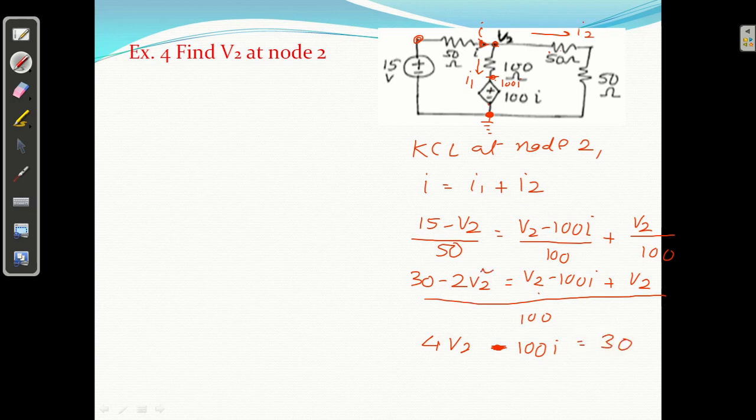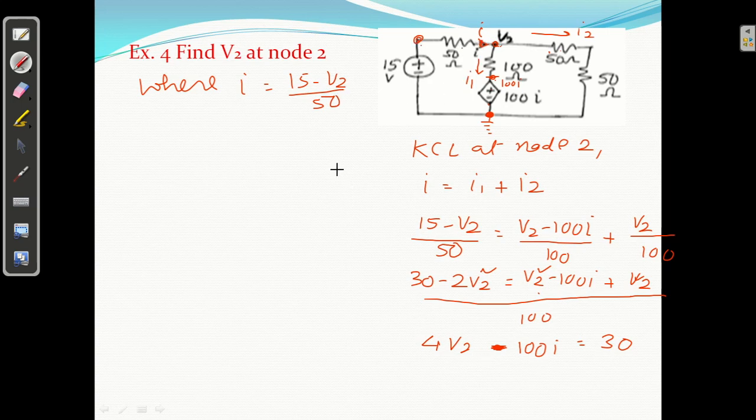Okay, this is done. Where I don't want this equation in terms of I. I equals what? I equals 15 minus V2 upon 50. You know this I.